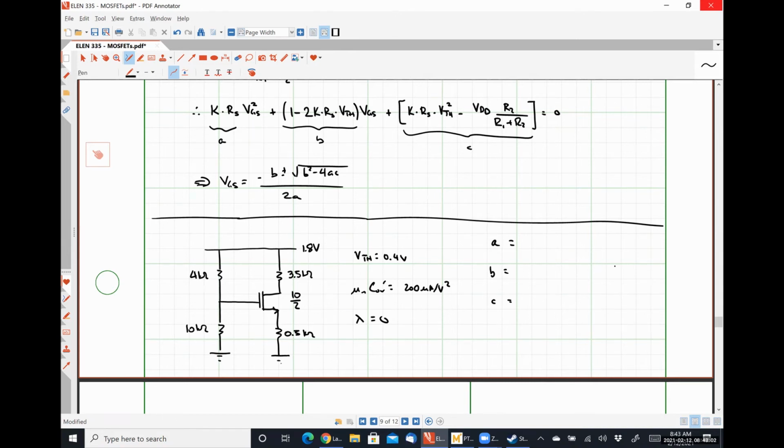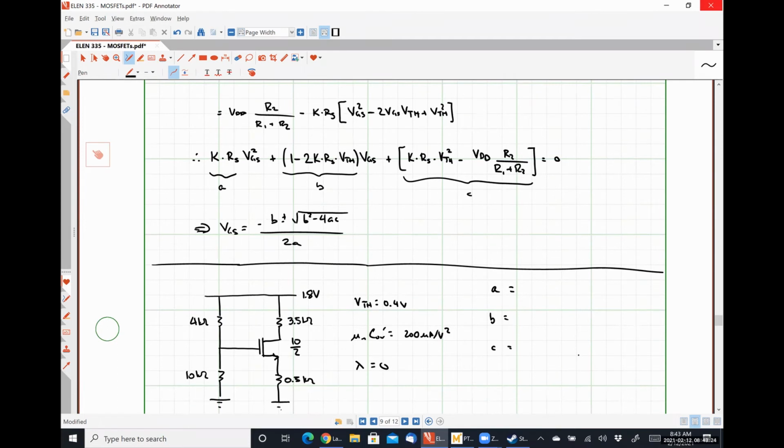Anybody got a numerical answer for A, B, or C at this point? That is not what I got. 1/2 mu n Cox, W over L is 5.